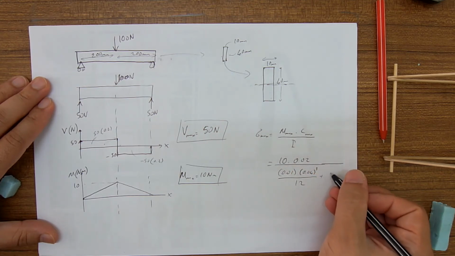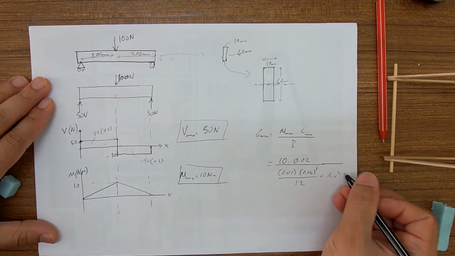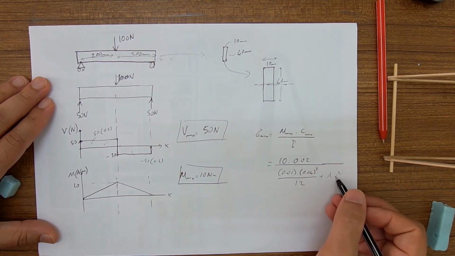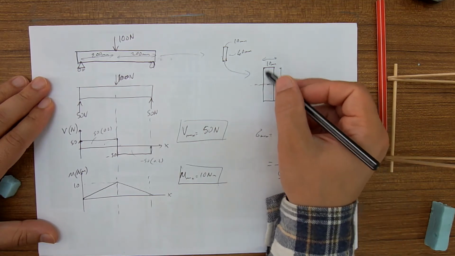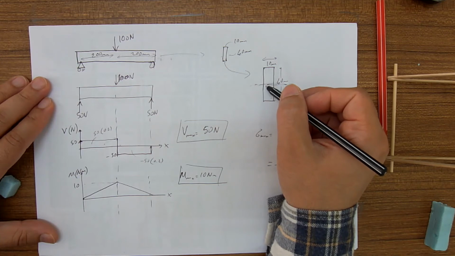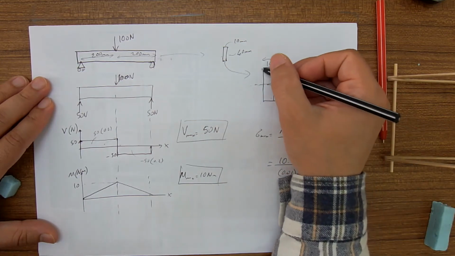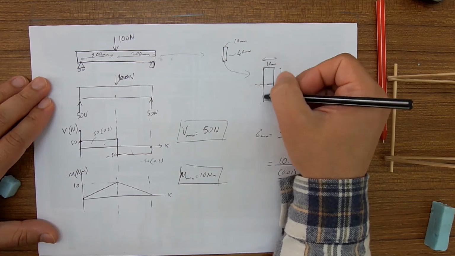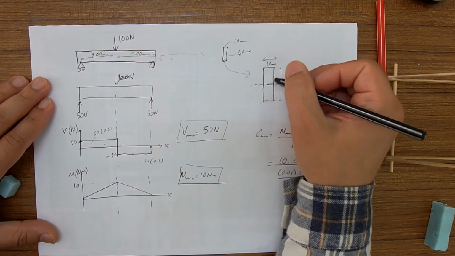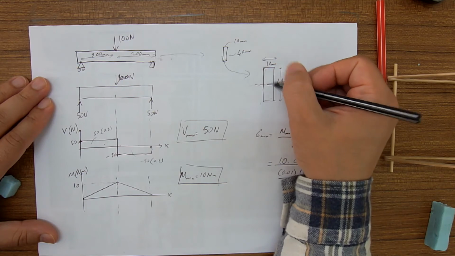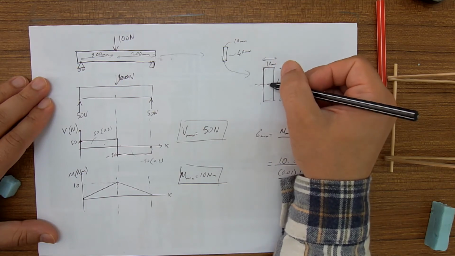What about A times D squared? D is 0 because the distance between the neutral axis and the centroid of the shape of interest is 0. This is a very simple geometry, a straight rectangle.